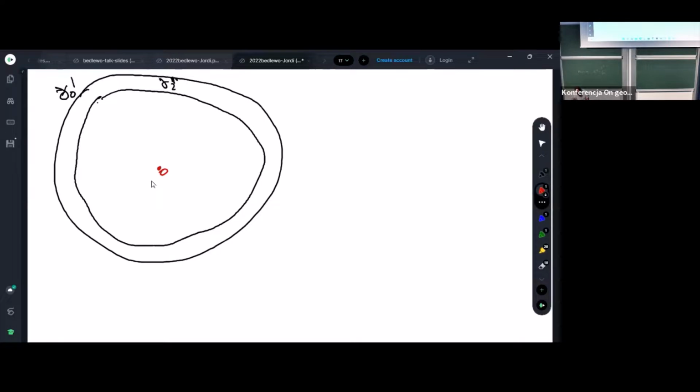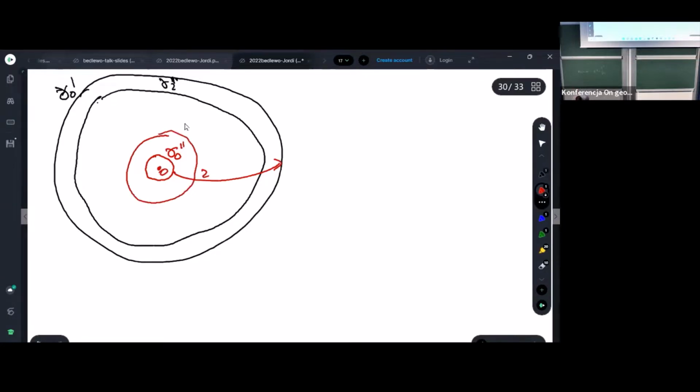So what's going to happen is that the exterior curve is going to have here a gamma 0 prime prime, which is mapped with degree 2 onto gamma 0 prime. And outside it, I'm going to have a gamma 2 prime prime, which is mapped with degree 2 also onto gamma 2 prime. And this gamma 0 prime prime is what I was calling before gamma in 1, and this gamma 2 is beta in 2.